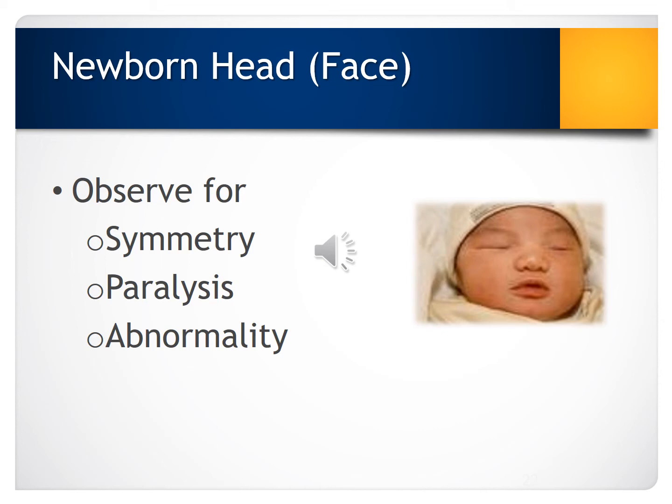Is there any droopiness on one side or the other? Everything should be symmetrical. And if there is not, if one side is sagging, there may be paralysis. We talked about temporary paralysis caused by the use of forceps, or if there was a shoulder dystocia, that we want to observe for symmetry.